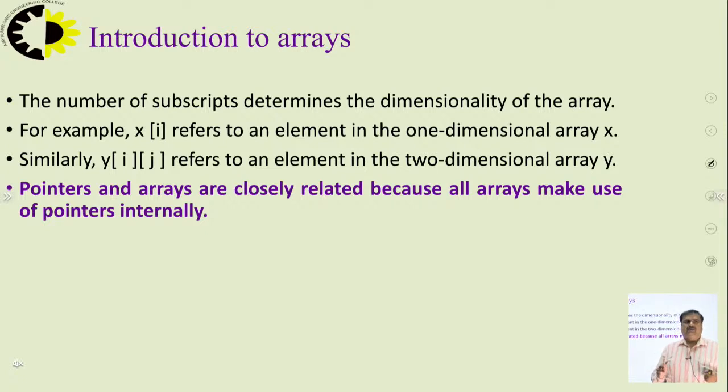The number of subscripts determines the dimensionality of the array, or we can say that with the help of these indexes we can find out the dimensionality of the array. Like if we are using one index, then it will be a 1D array. If we are using 2 indexes, then it will be a 2D array.